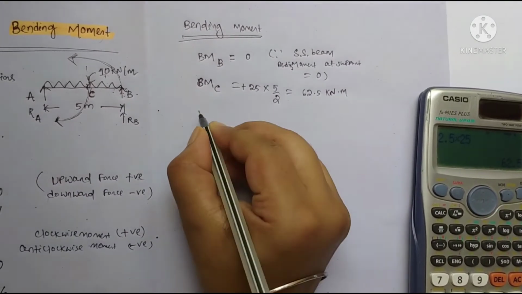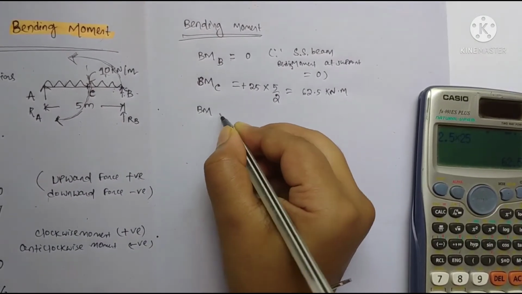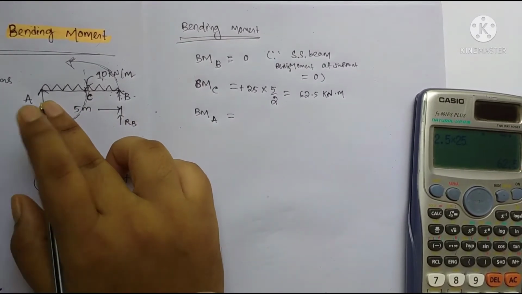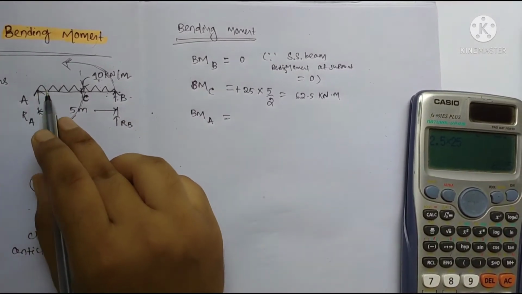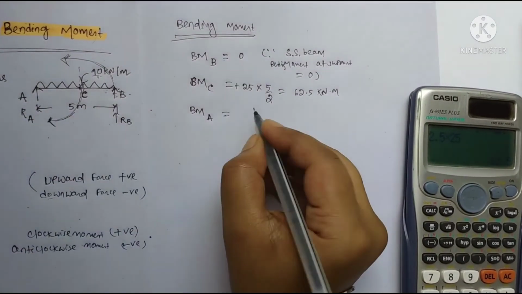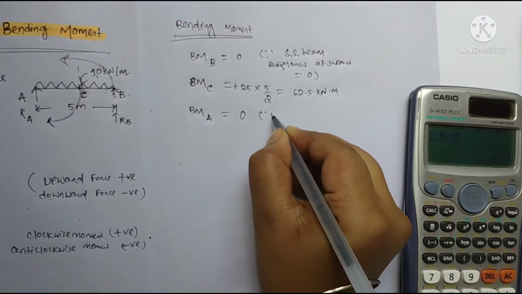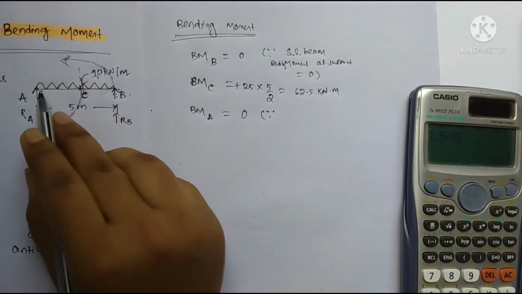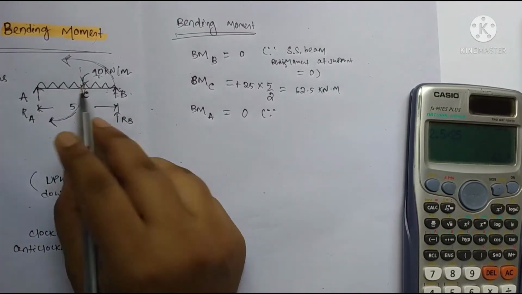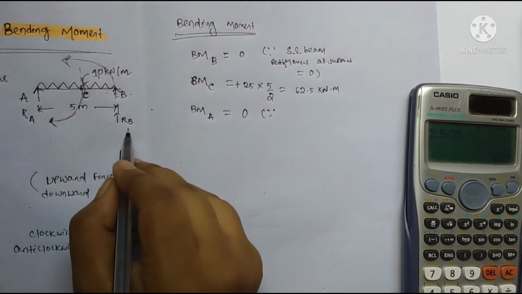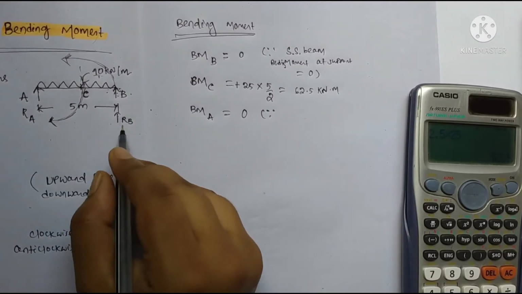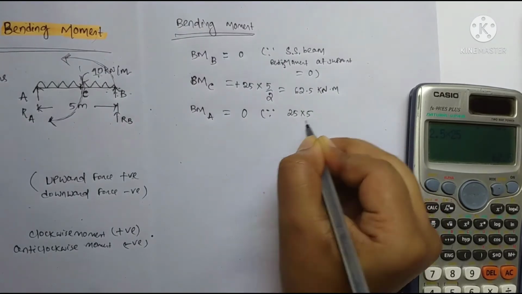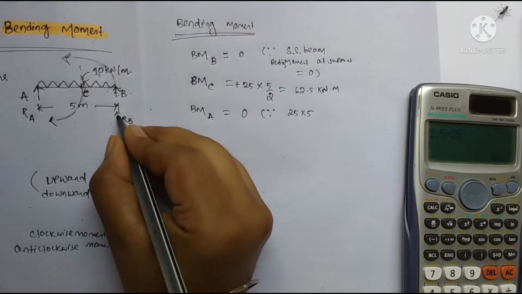Then bending moment at point A. It is also a simply supported beam, so at the support the bending moment will be 0. We can check it. Let's check the moment about point A: the force RB gives moment 25 into 5, and it will be positive because it is an upward force.